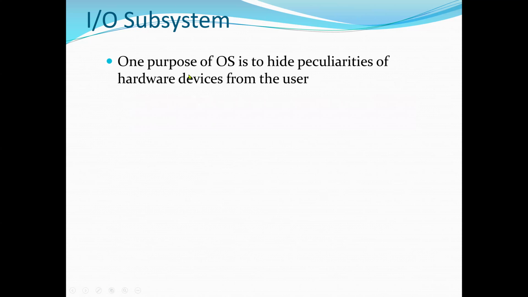We also have the IO subsystem. Here we say one purpose of the OS is to hide the peculiarities of hardware devices from the user.